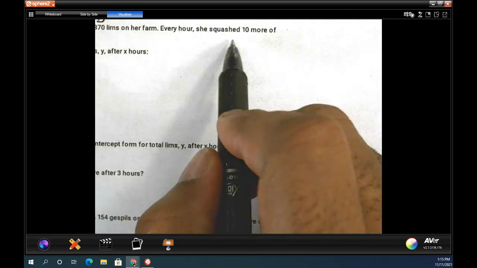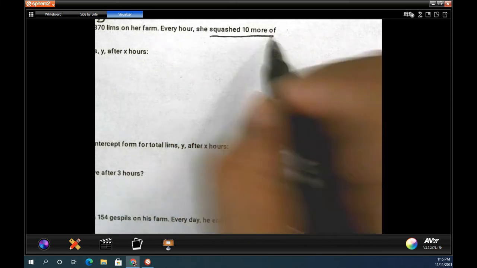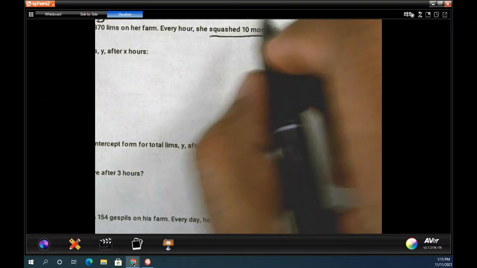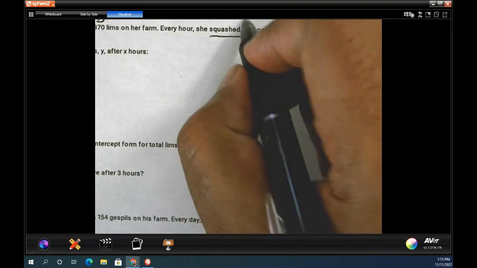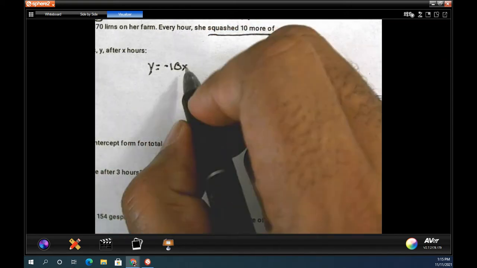Every hour she squashed 10 more of them. Squash 10 more. Yeah, that's negative 10. Your M is going to be negative 10. So your equation, because squashed, you're getting rid of them. Y equals negative 10x plus 370.